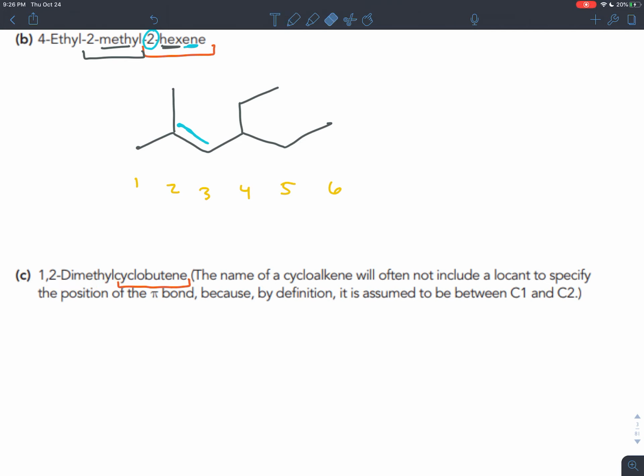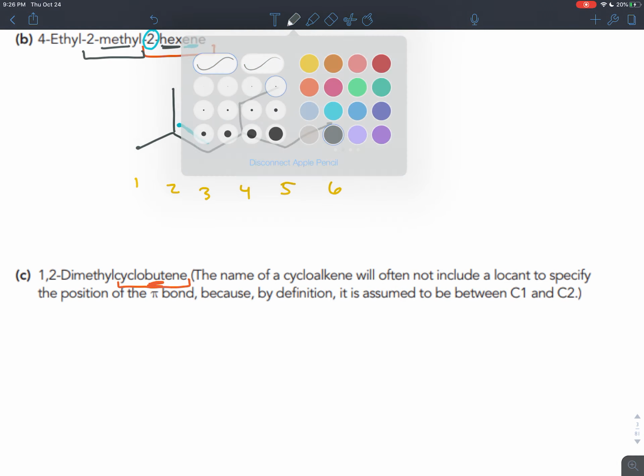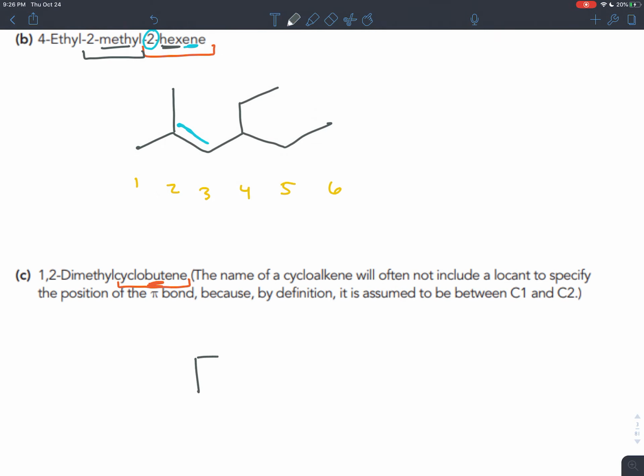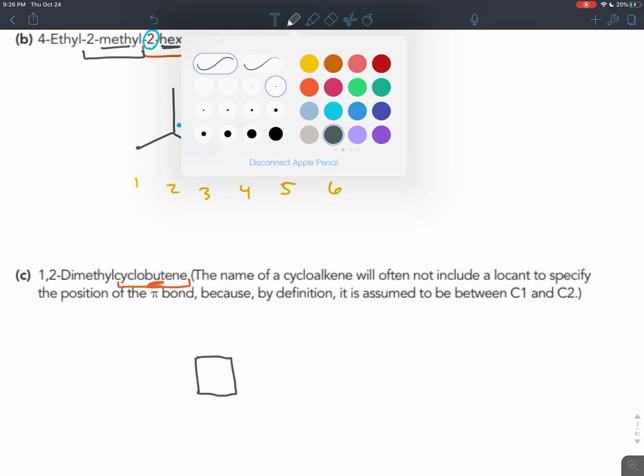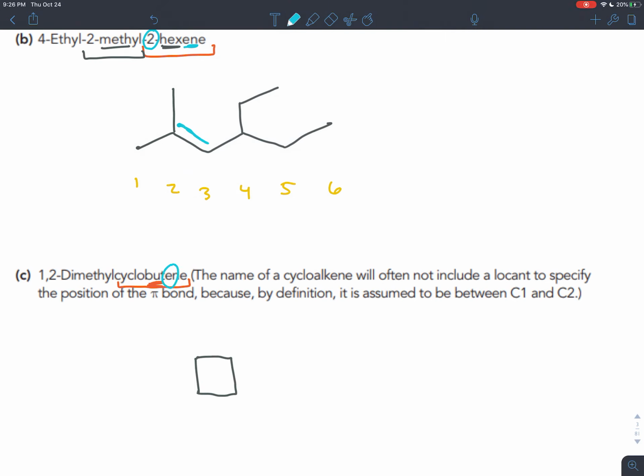So our backbone here is cyclobutene. Remember, cyclo means you're going in a ring, bute is telling us that we have 4 carbons. 4 carbons in a ring looks like a square. The infix, En, is telling us that we have a double bond, and the fact that there is no number in front of the parent chain is telling us it doesn't matter where the double bond is.